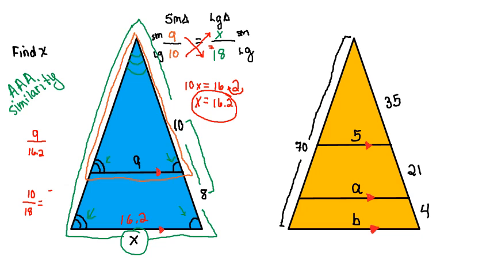Would leave you with a 5 over 9. Let me make sure that 9 divided by 16.2 yields the same thing. 9 divided by 16.2. Math key, enter, enter, and lo and behold, it also equals 5 over 9. So we have a scale factor of 5 to 9.